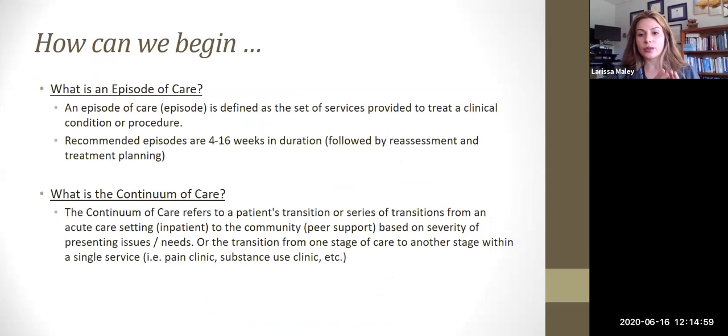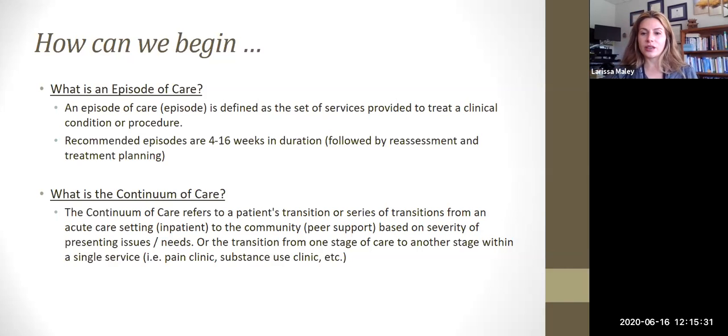They're defined by the set of variables to treat either a specific problem, diagnosis, or set of conditions, which is then followed by some kind of aftercare for that episode or a following episode of care. You can think about it as dominoes of treatment, and each one may have a different level of intensity or a different focus, but that way we're always in the process of moving patients forward and up in terms of their functionality.